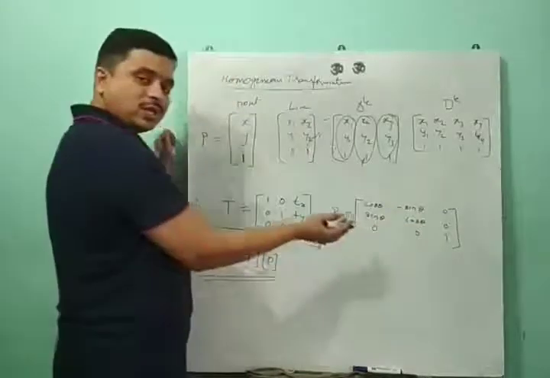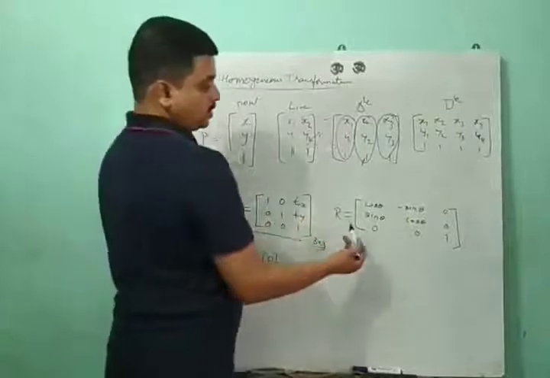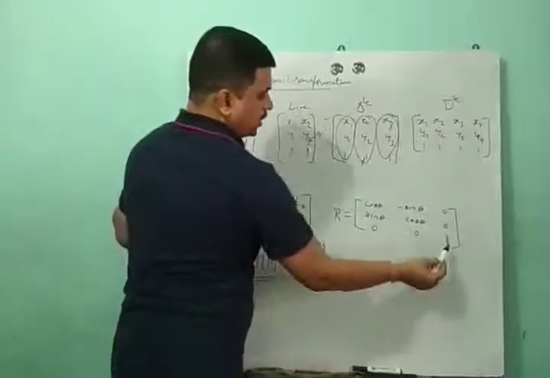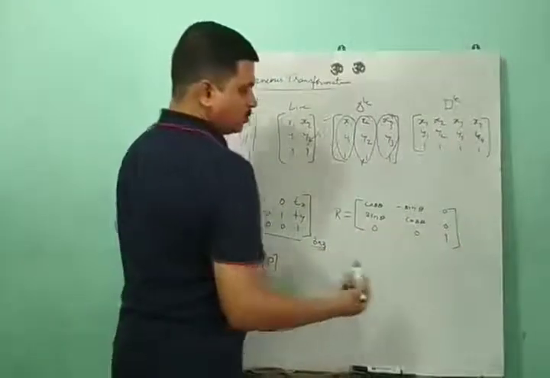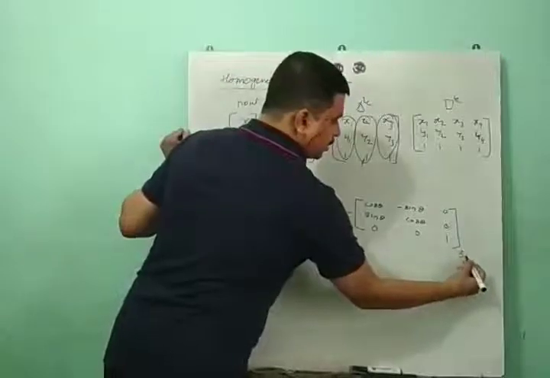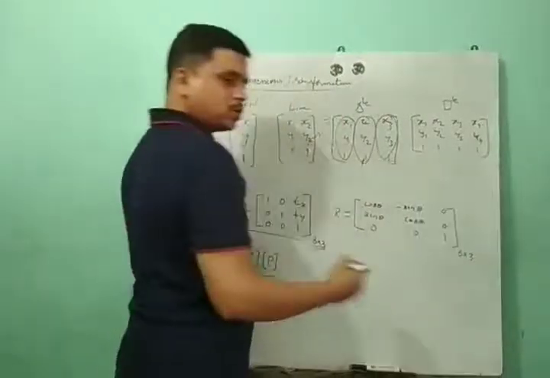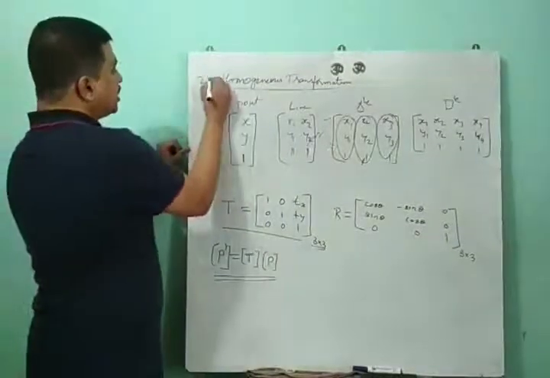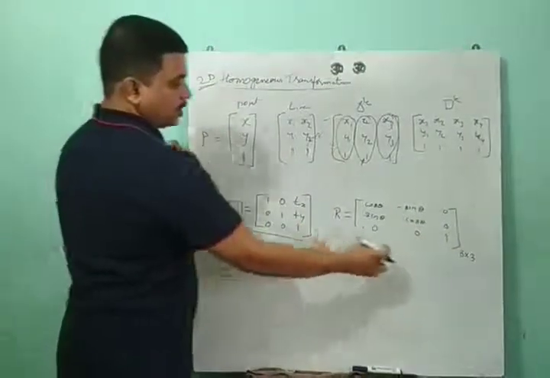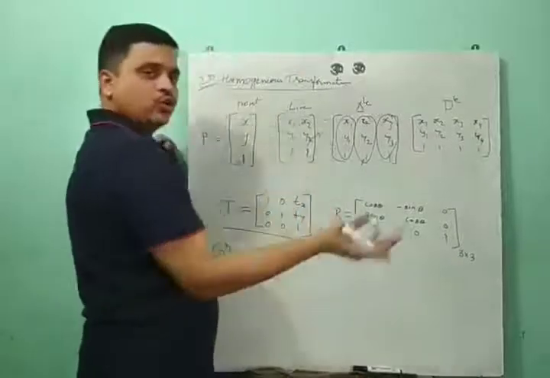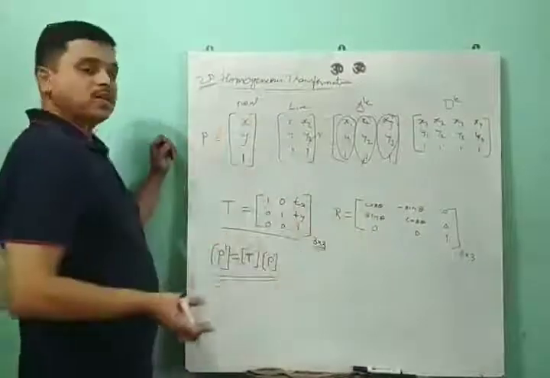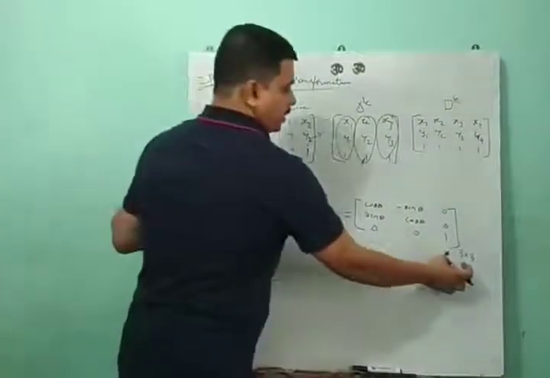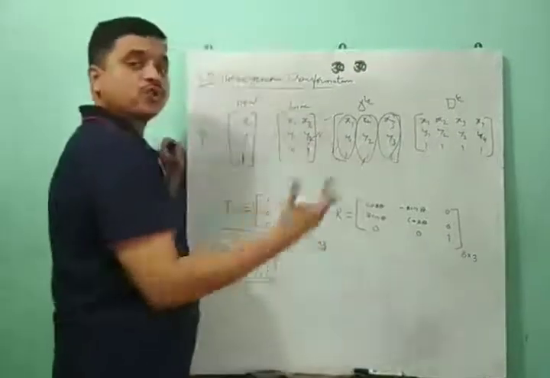When it is transferred to the homogeneous coordinate system, then one extra row will come and one extra column will come, such that this can be represented in a square matrix of 3 by 3. So we are dealing with only 2D transformations, so we will get a 3 cross 3 matrix. If we go for 3D transformations, you will be getting the transformation matrix as 4 cross 4.